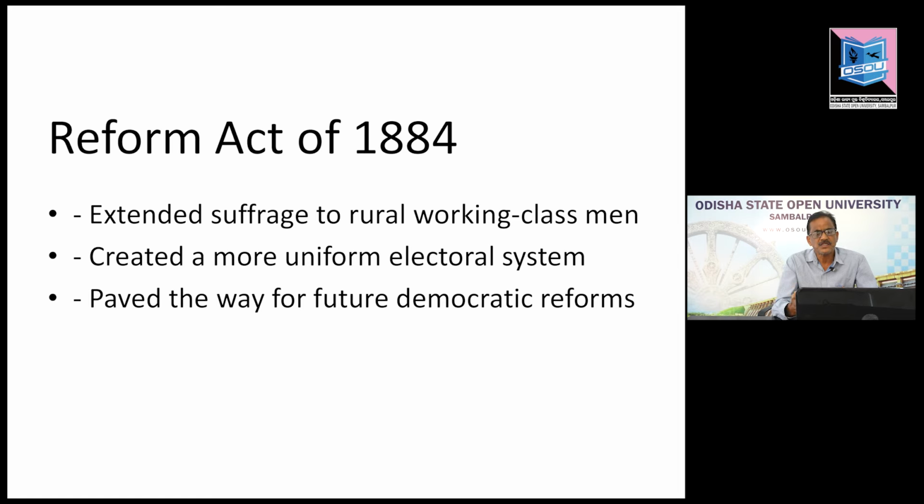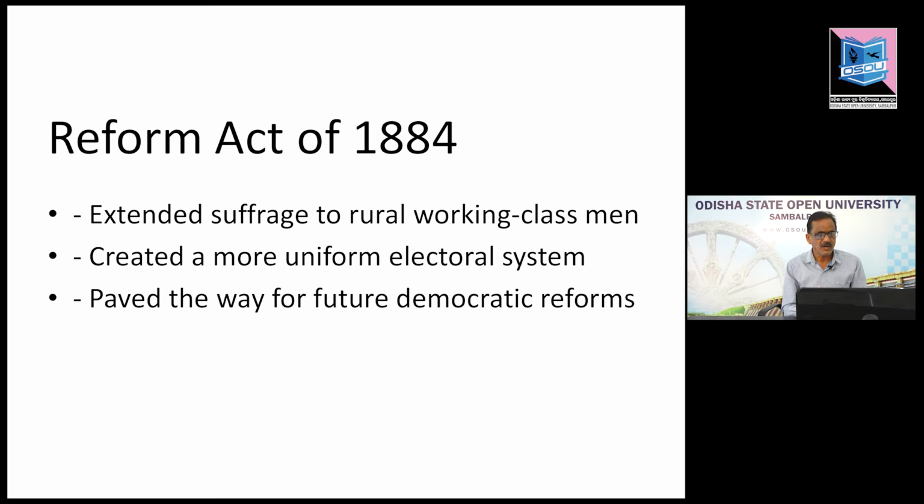So the second important thing is that it created a more uniform electoral system. It created a more uniform electoral system means that people from each section or each class of the society, now they could exercise their voting rights.